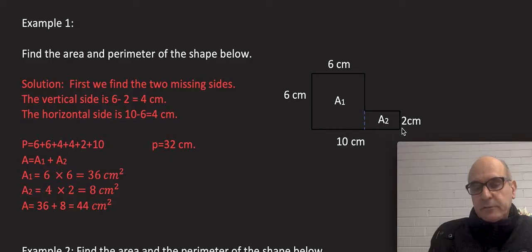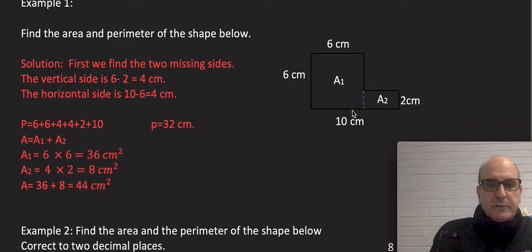That side is 4. Similarly, when you look here, that's 6. That means this is also 6 as a whole. But because this is 2, that will also be 2. Then 6 take away 2 gives you that bit, which is 4. So both of them turned out to be 4 centimeters.